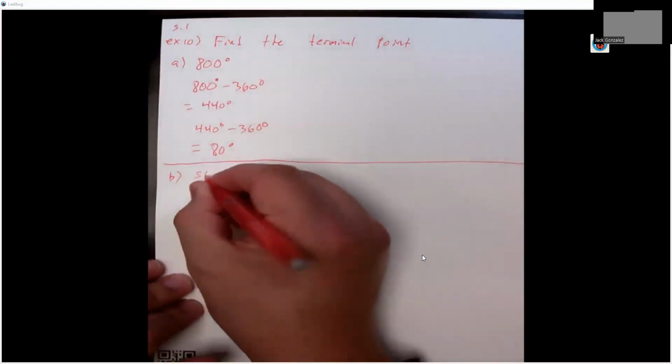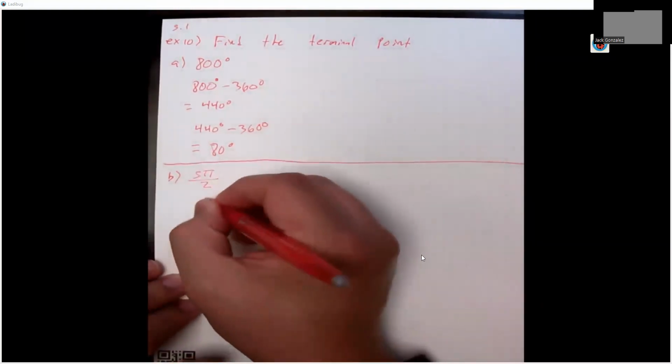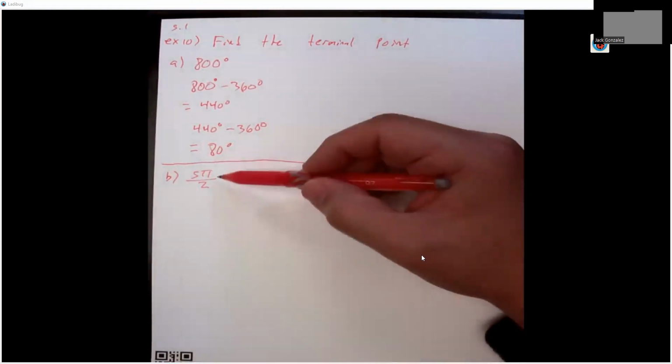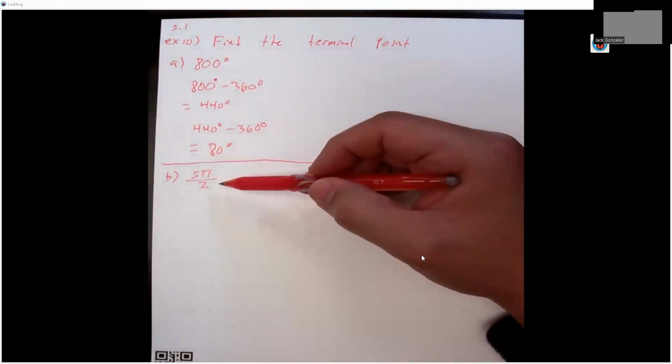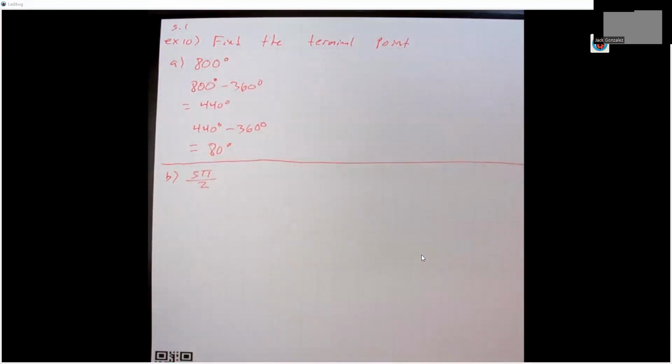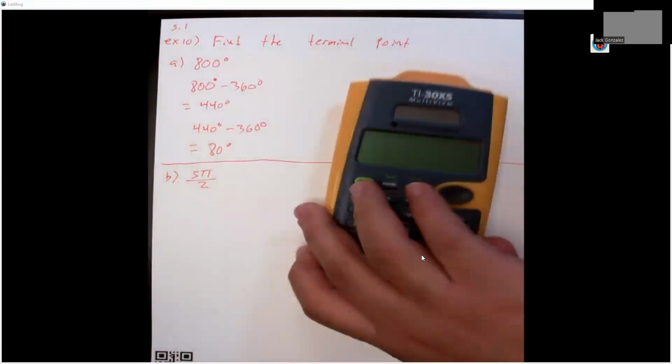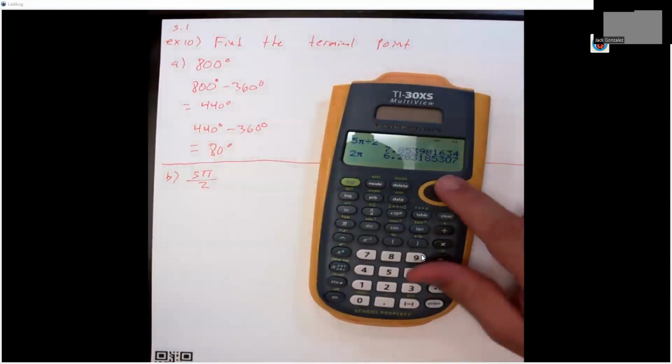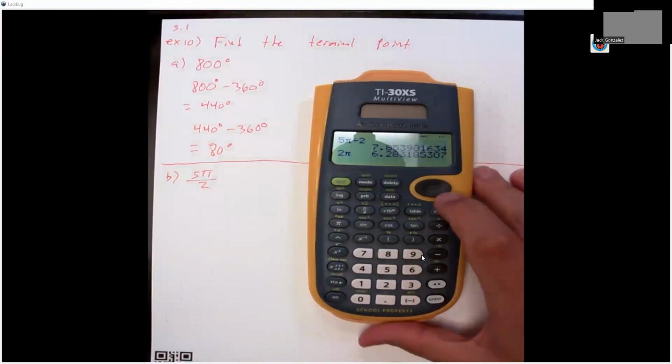So those are in radians. The same question: are you bigger than 360, or in other words, 2 pi? Because 2 pi is the same as 360. Is this more than 2 pi? So I did this earlier.